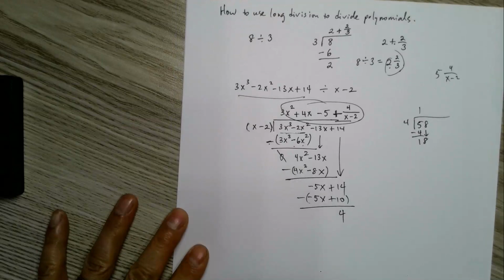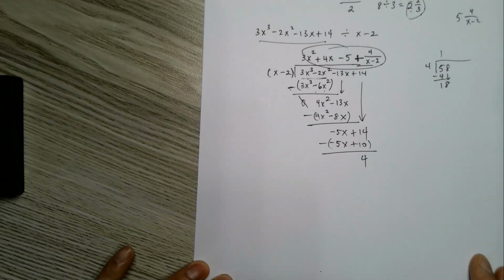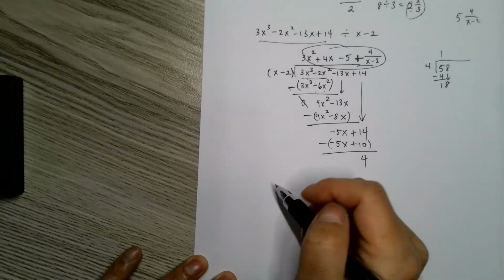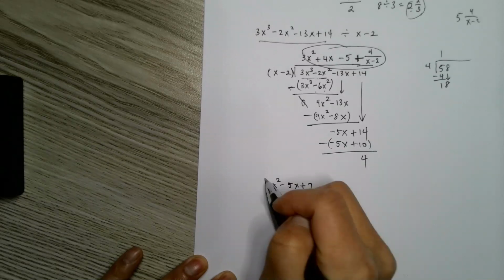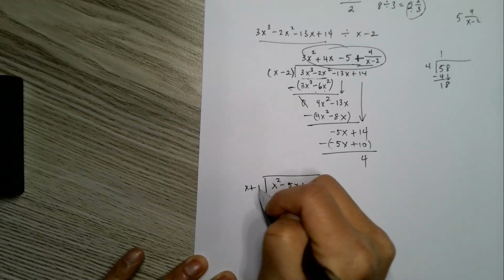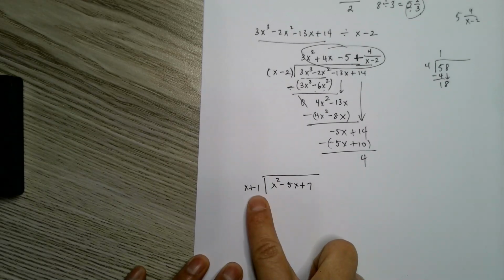Okay, I'm going to do this again with 2 different polynomials, because there's a little wrinkle in this one. Okay, so I'm doing x squared minus 5x plus 7 divided by x plus 1.